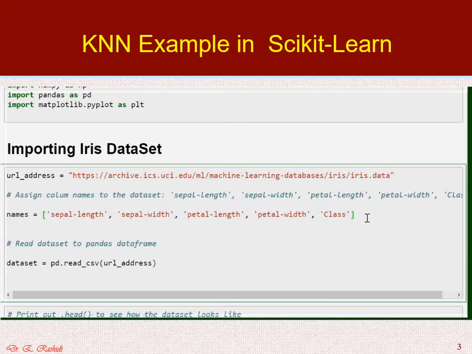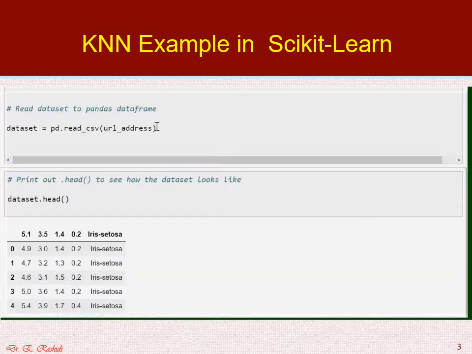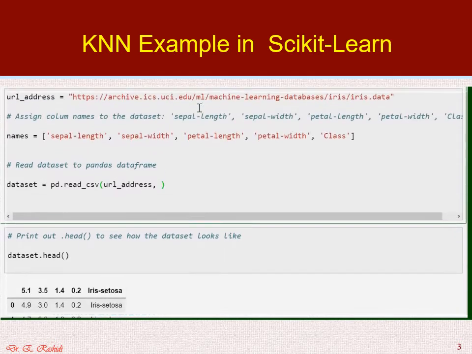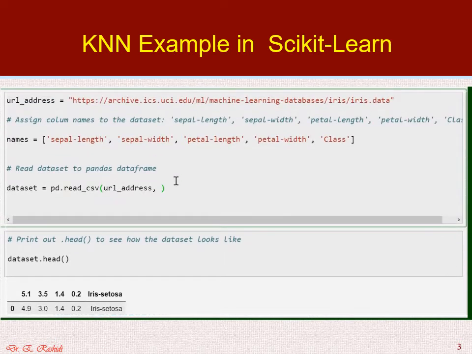So now that I did that, when I read this data set, I'm going to ask the read CSV command to read this data with this new heading or names. So names equal to names. The same names is these names here. I can call it my names. And then I'm going to put here my names.